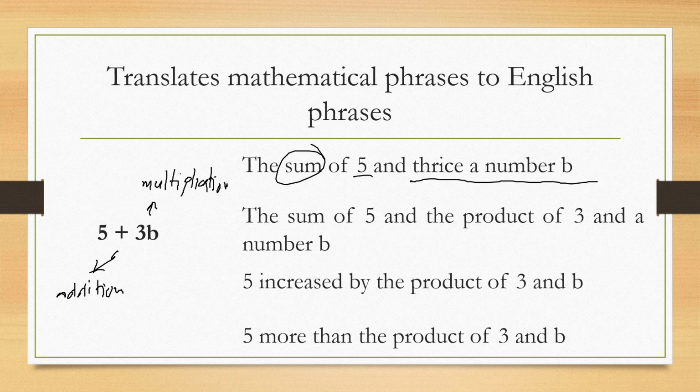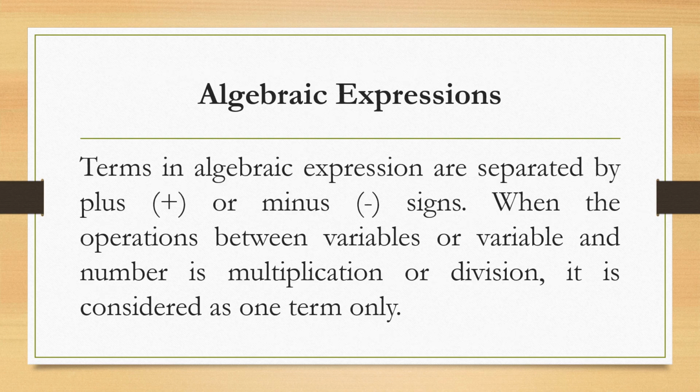So maaaring maraming mga sagot, let's say 4 to 5 or more. So pwede po yun as long as yung inyong word na gagamitin is associated with the operations na involved doon sa ating mathematical phrase. So possible na maraming sagot. But if you have choices, piliin nyo yung pinakamalapit. Na po? So that is how you translate mathematical phrase to English phrases.